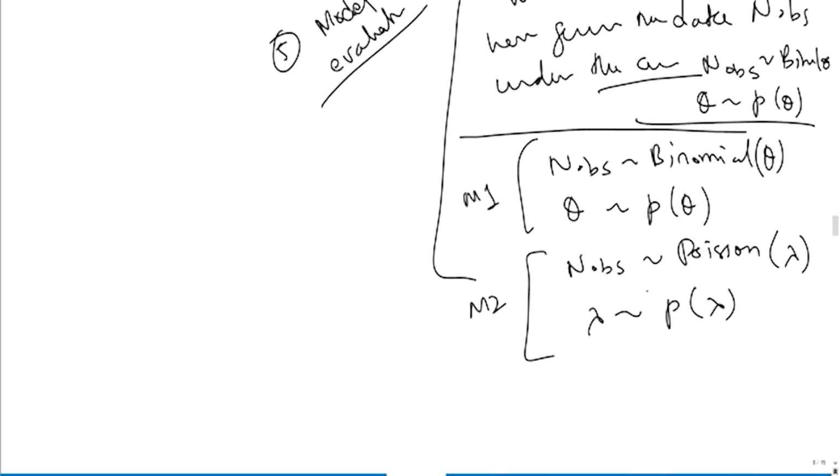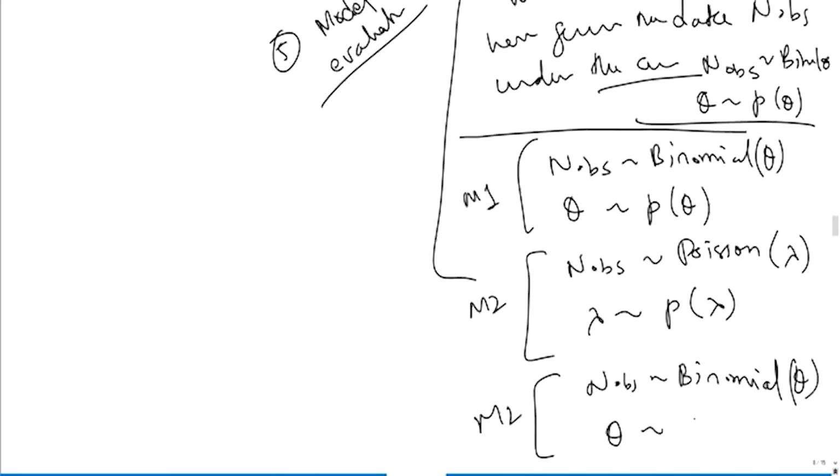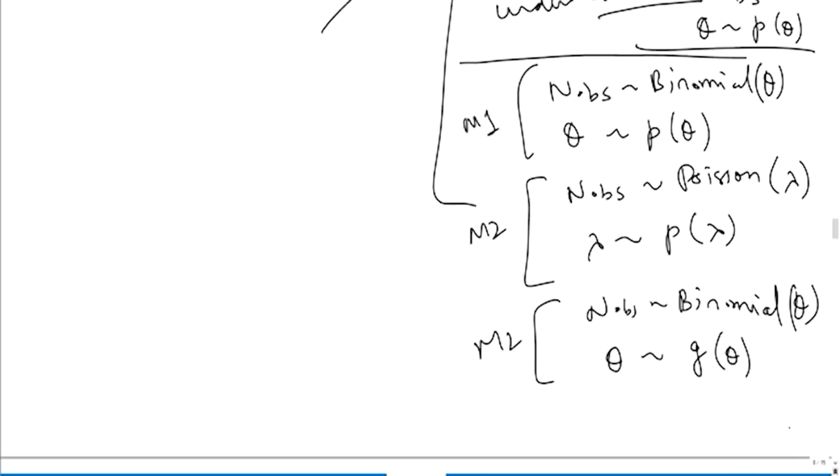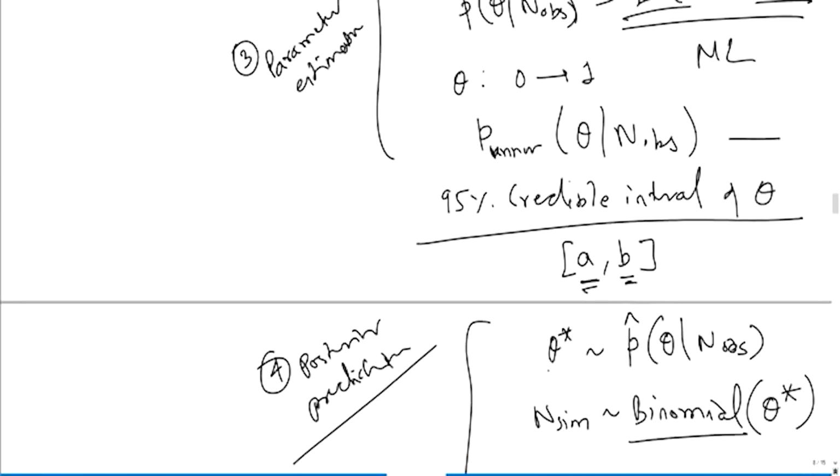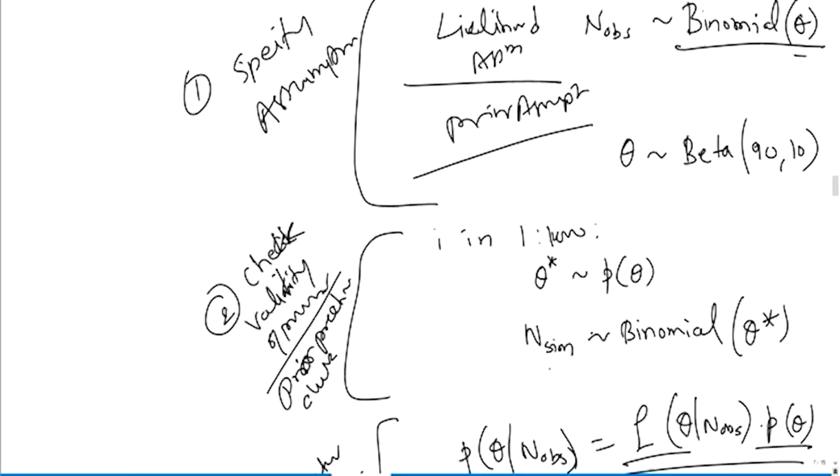Or you can also have n obs comes from binomial theta, so the likelihood assumption is the same, but the prior on theta is different, let's say z of theta. Let's say this is M3. This is how you can have competing assumptions, compare them, and based on that make some inference. So this is the whole workflow of Bayesian modeling.